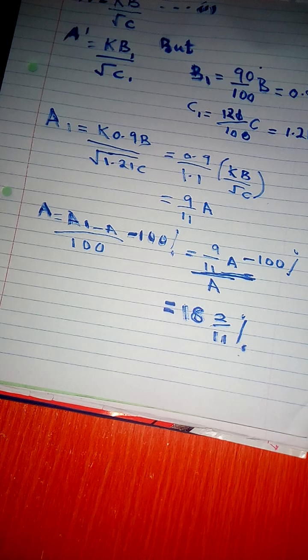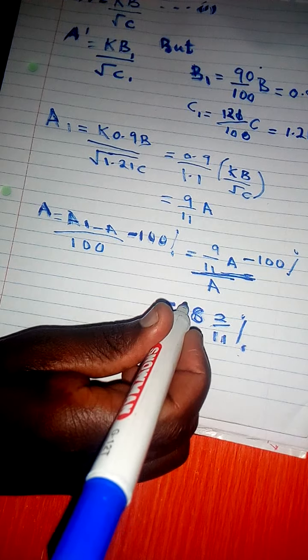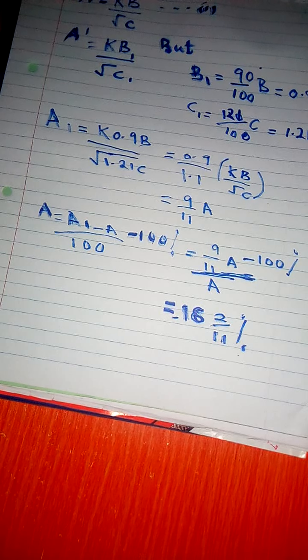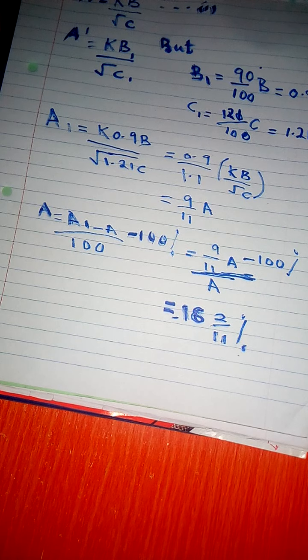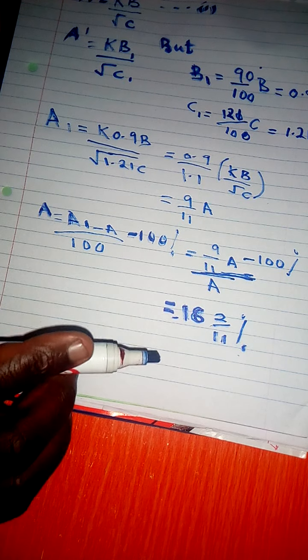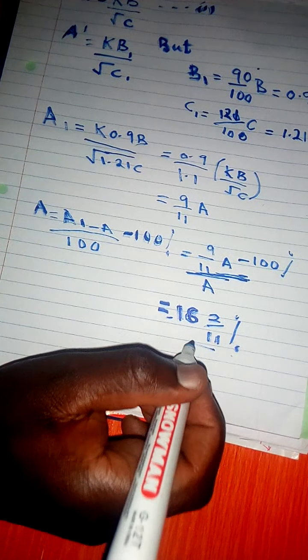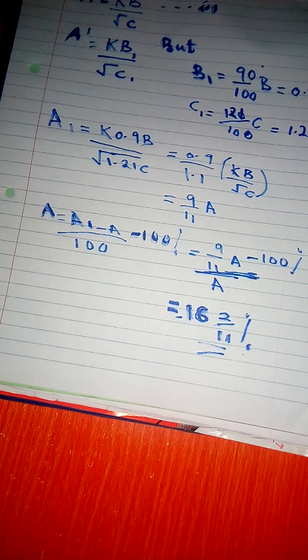A is decreased by 18 2 over 11%. The percentage change in A causes a decrease in A by 18 2 over 11%. That is very important. So that is how we have solved the equation.